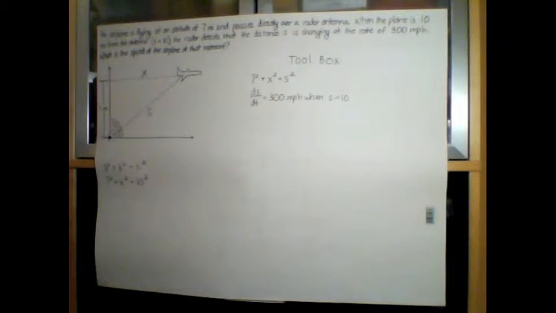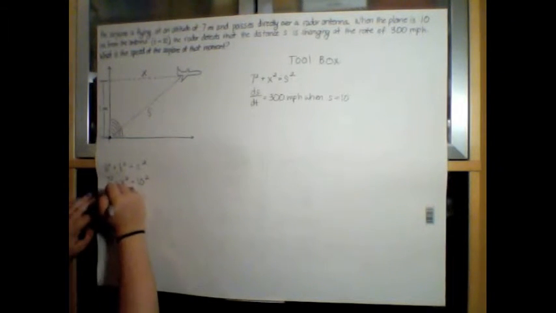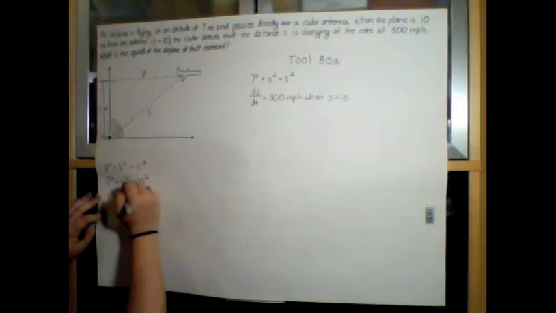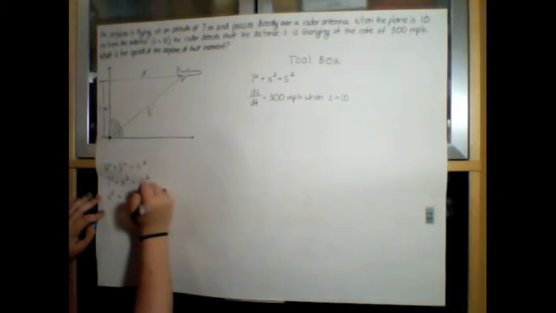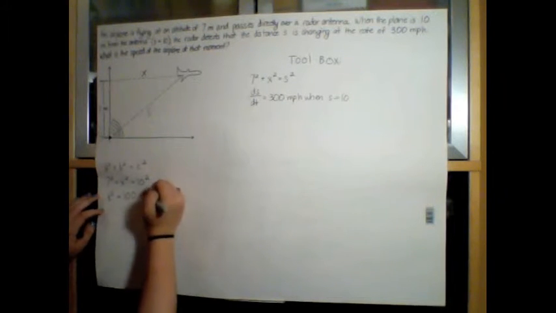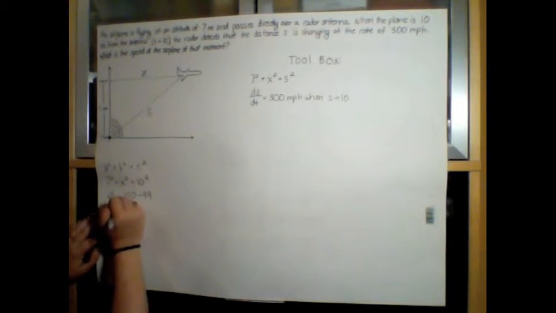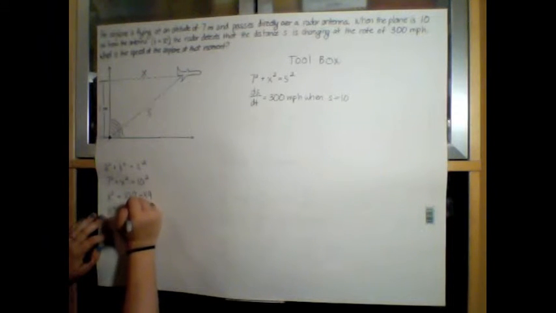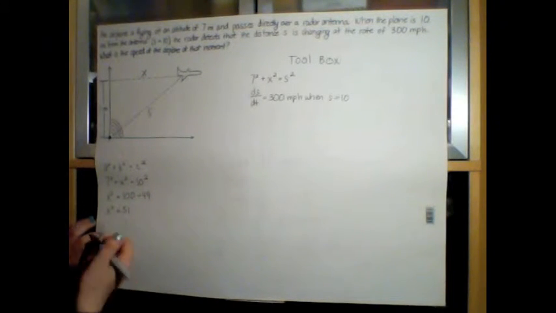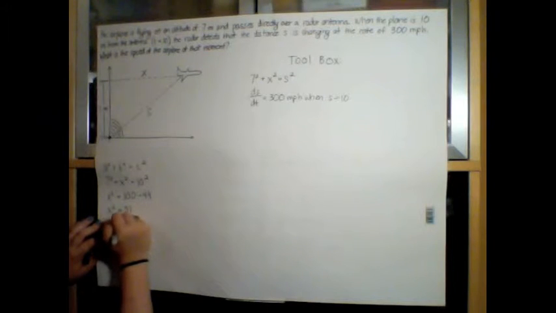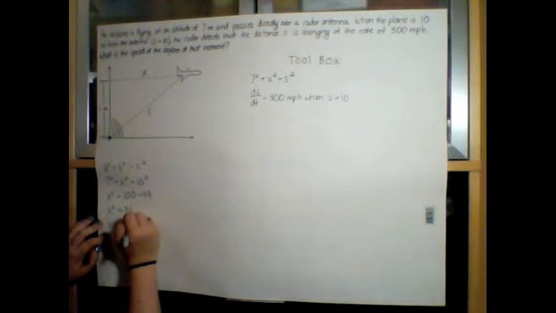And then we can solve for x squared. So we get x squared equals 100 minus 49. And then you can solve for that and get x squared equals 51. And then if you solve for x, you get x equals radical 51.